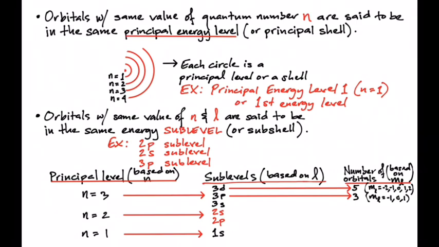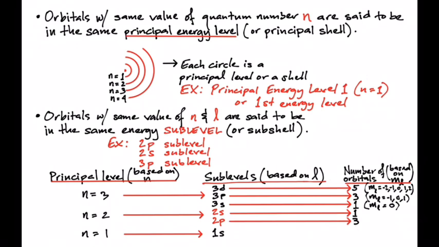And you can do the same thing for S, P, D, and F. So for 3s, there's only one value because S is L equals 0, and so m sub L would be 0. So you only have one orbital in an S sublevel, or any S sublevel. So that means 2s is the same thing. You only have one orbital there. For 2p, a p sublevel contains 3 orbitals. And the 1s at the bottom, 1 orbital.